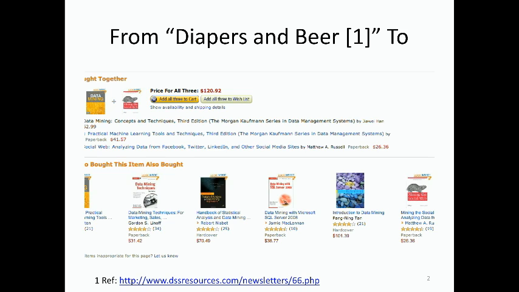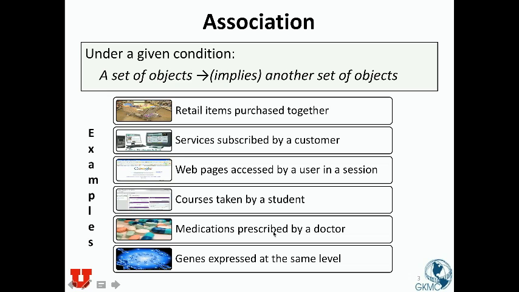If customers buy diapers, then there is a higher likelihood they may buy beer than other products. And also on the Amazon website, there are customers who tend to buy items together or visit pages of different products together.